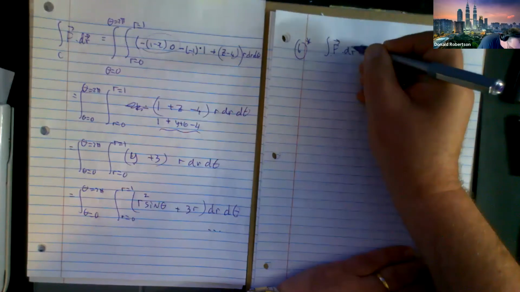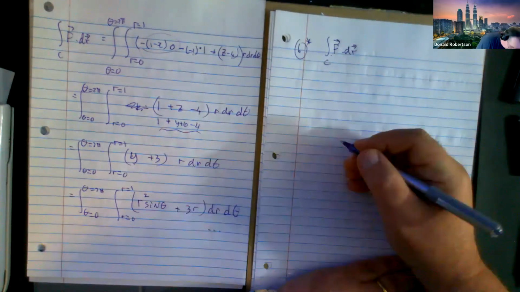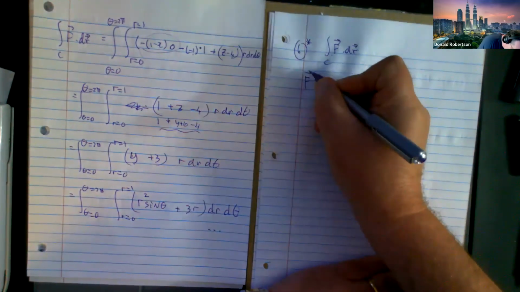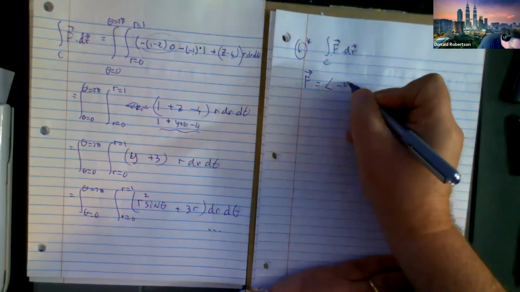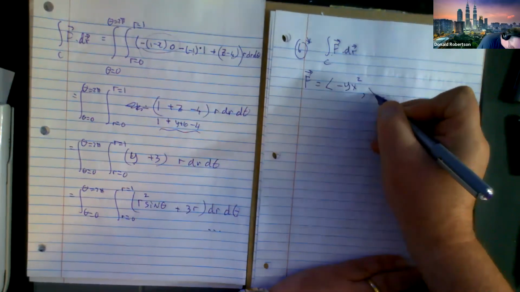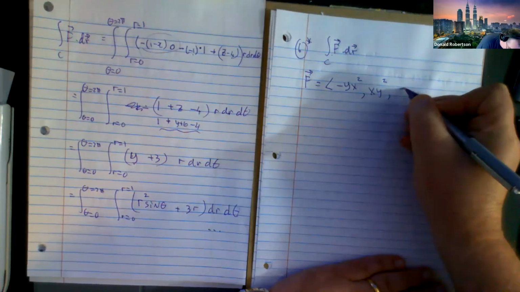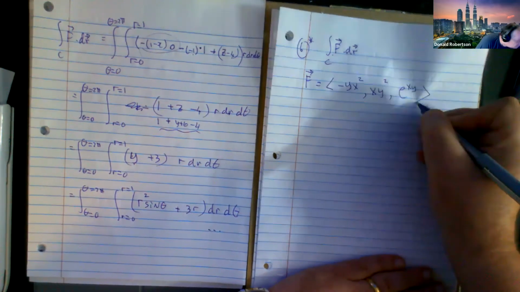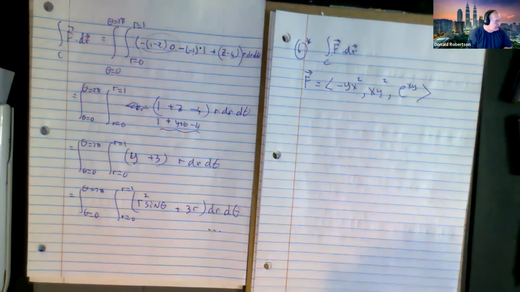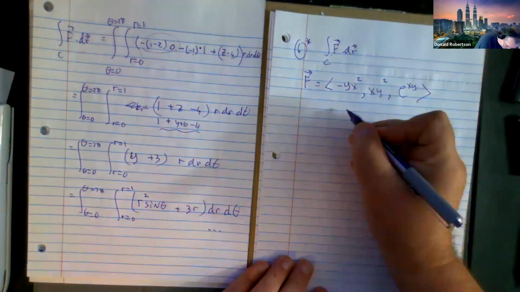Right, they want us to find that line integral. The vector field this time is negative 1x squared. This guy is an x squared, y squared, and this is an e to the xy. And C, oh, isn't that nice? They told us who C is.